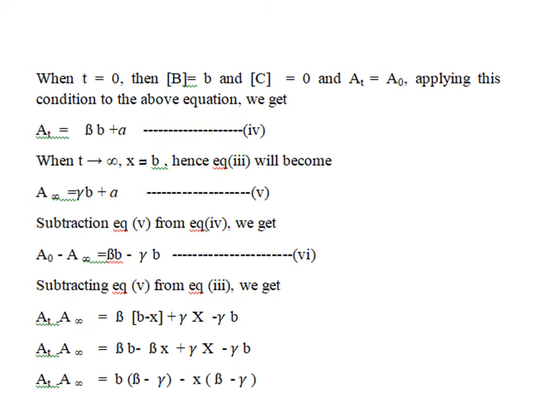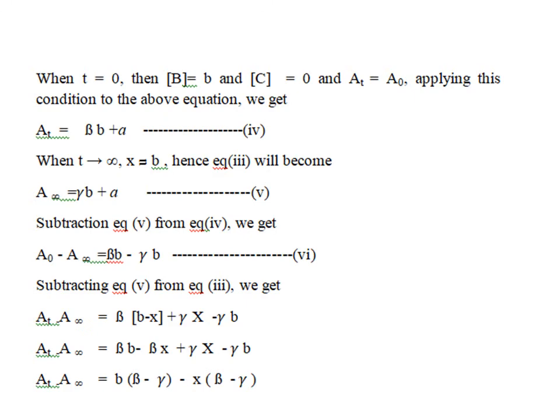Now once again, dear students, subtracting equation number 5 from equation 3, we get A_t minus A_infinity equal to beta into (b minus x) plus gamma x minus gamma b, or absorbance at time t minus absorbance at infinity will be equal to beta b minus beta x.